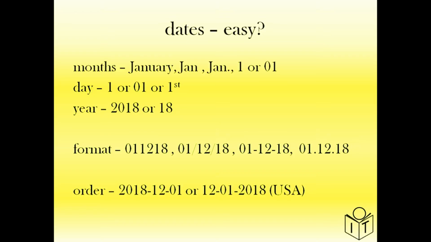Other differences in format, we could add the numbers together, or we could have a slash in between the day, month and year, or a dash, or even a dot. So there's slightly different ways we can separate the parts of a date, and also sometimes the date is written in reverse order with the year, month or day, or the American style if you like, which is the month, then the day, then the year, whereas in Europe, for example, we would have the day, month and year rather than the month, day and year.